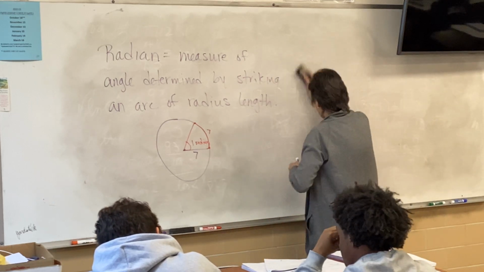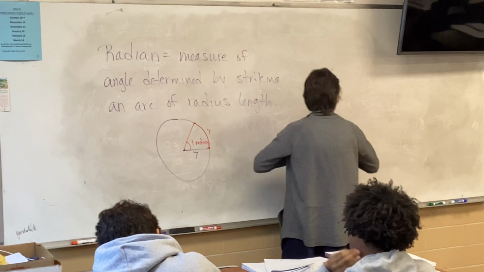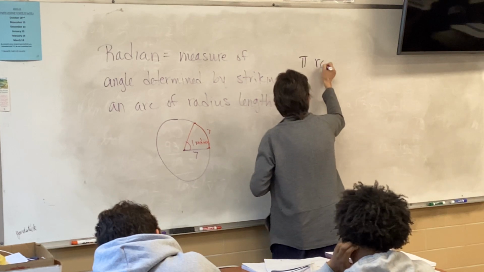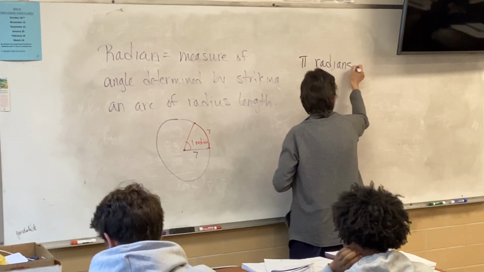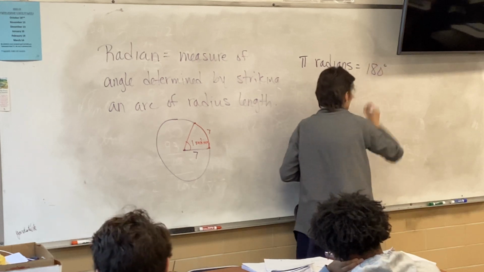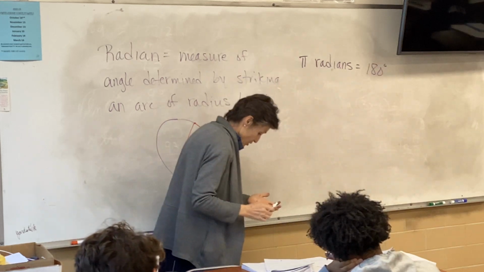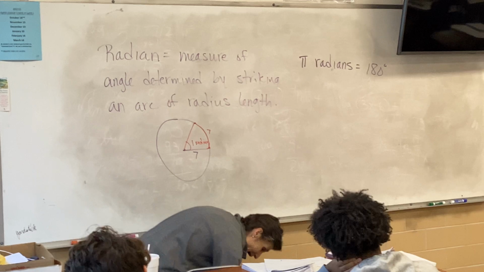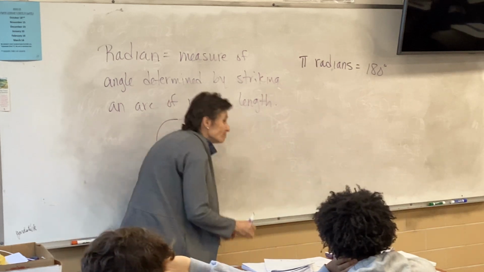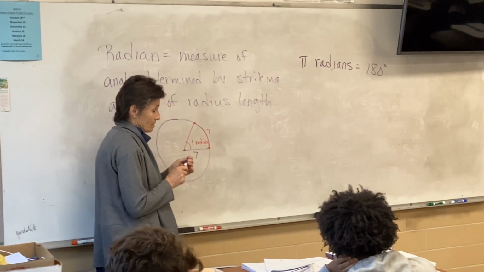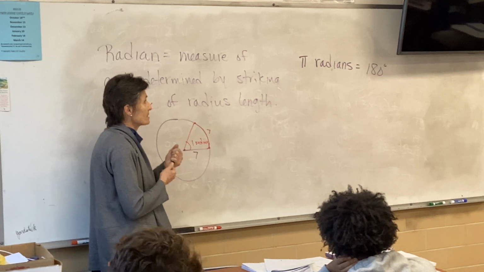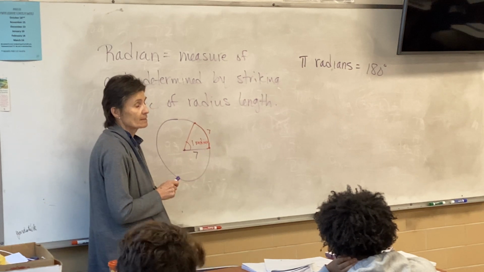So to do that, I'm going to tell you that pi radians is 180 degrees. So in other words, half a revolution, 180 degrees, is the same as pi radians.